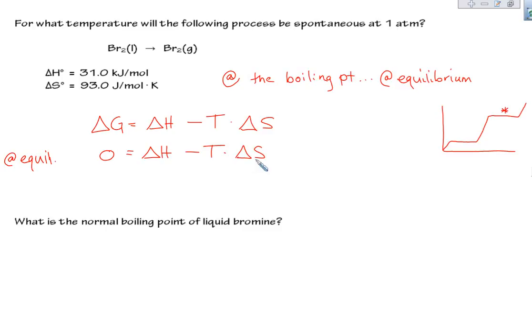So let's see if we can plug and chug. I eventually want to solve for temperature. I could rearrange this, add this to both sides, and say temperature times delta S equals delta H. Or you could just plug and chug into this expression. I want to solve for T, temperature.